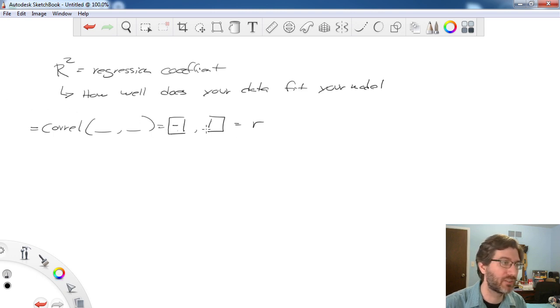So you can take whatever this is, square it, make it a positive number, and R squared you can think of as a percentage, but it's going to give it to you as a decimal. The higher the percentage, the higher R squared is, the better it fits.